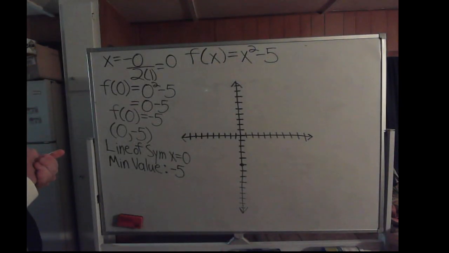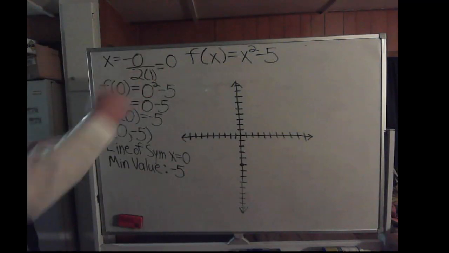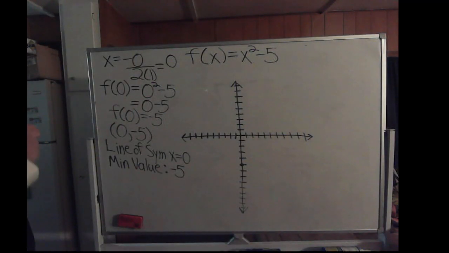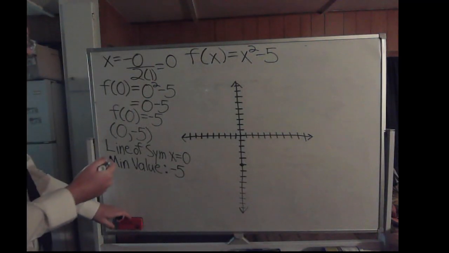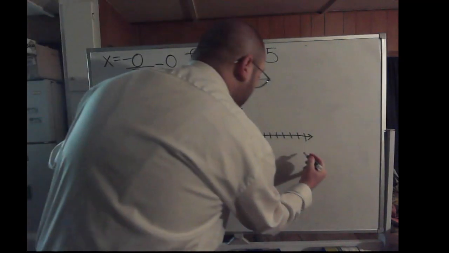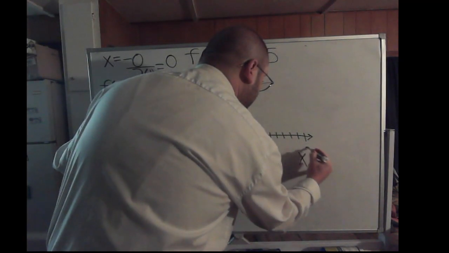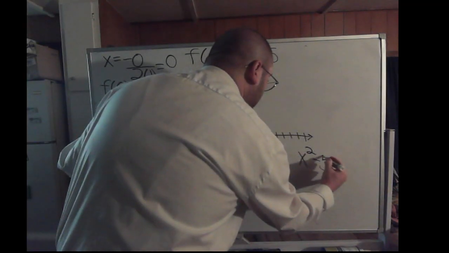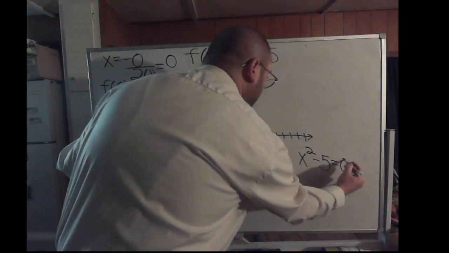Now, something else you'll want to do, last but not least, is set the function itself equal to 0 and solve for the value of x. Let's do that over here. Take that x squared minus 5, set that equal to 0.